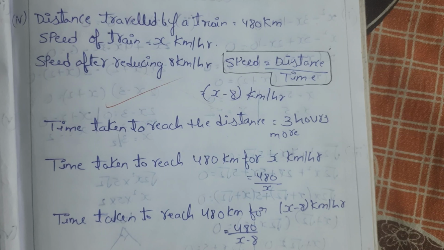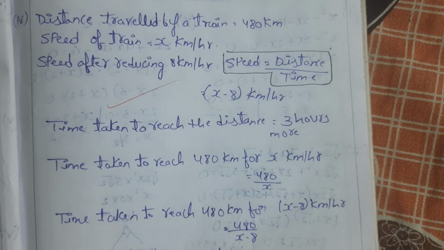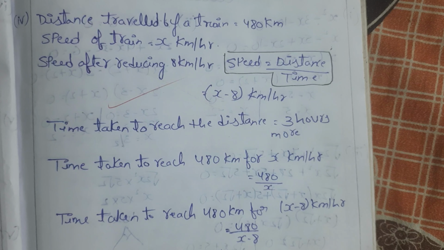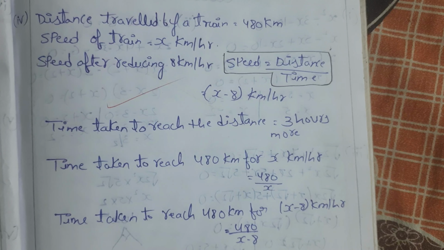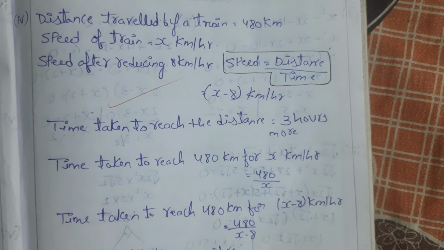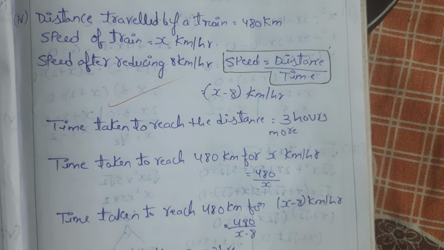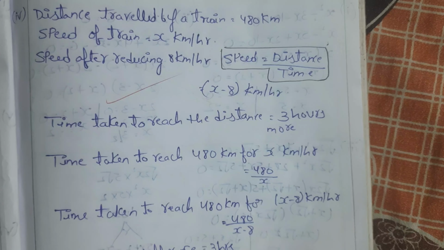Comment on it, and if you have any doubts, you can ask me in the comment box. I will show this sum, the fourth sum in 4.1 second Roman fourth sum. I am holding it for some time. I am not giving the explanation, but you can watch and solve it easily.